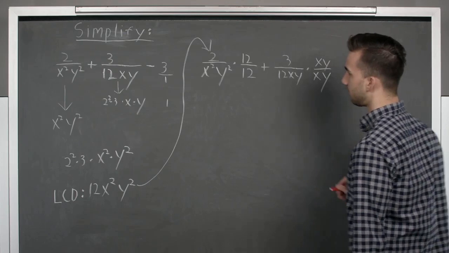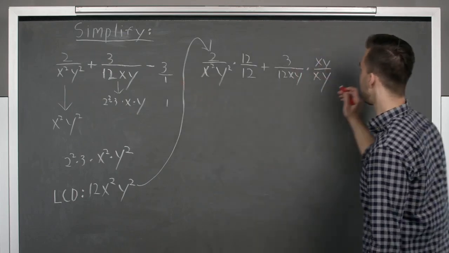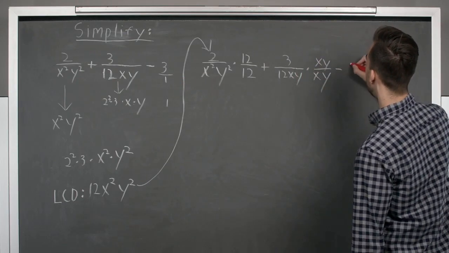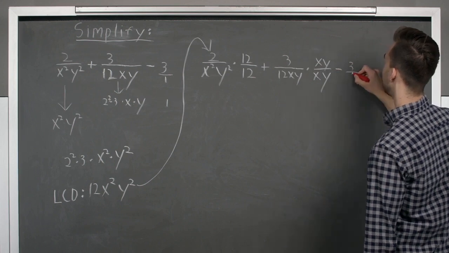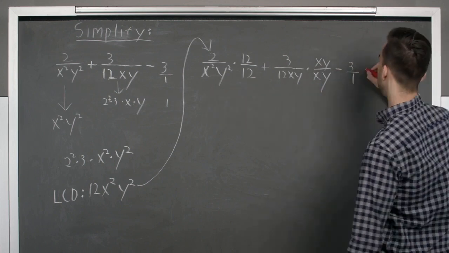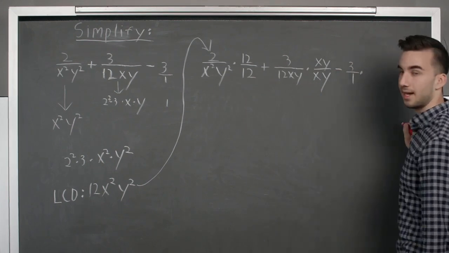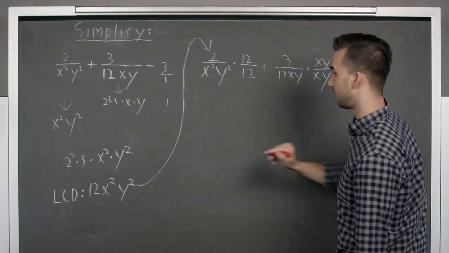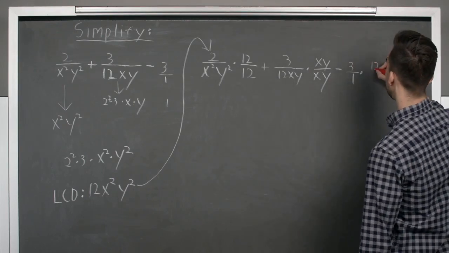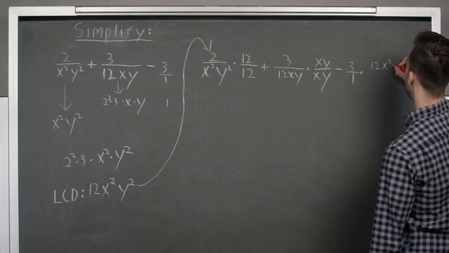And then for our last term here, the minus 3, and I'll write it as 3 over 1, we just need to multiply by the entire common denominator over the entire common denominator.